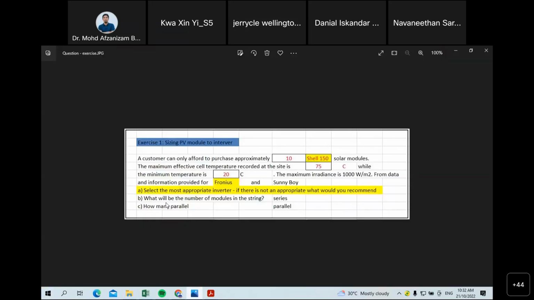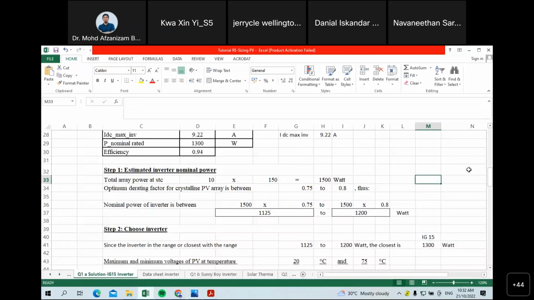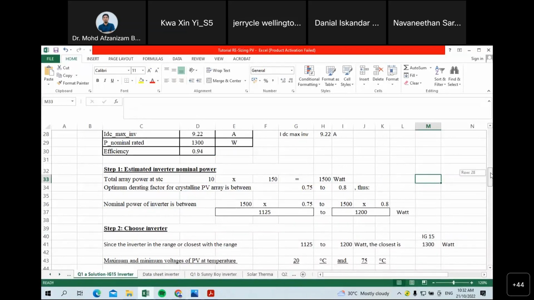So okay, B, what will be the number of modules in the string? This is the next question, so go for the next following step.